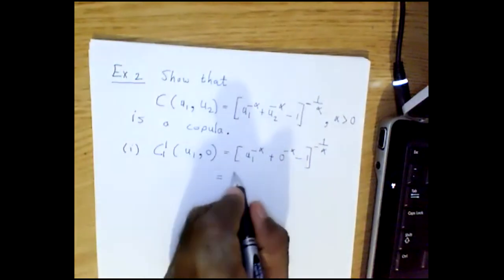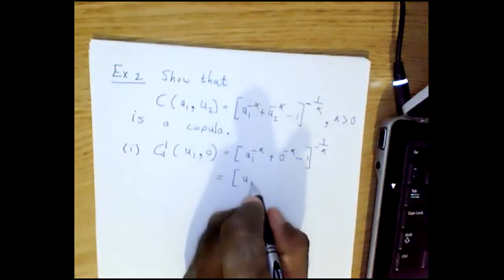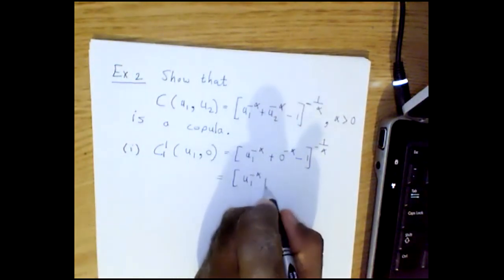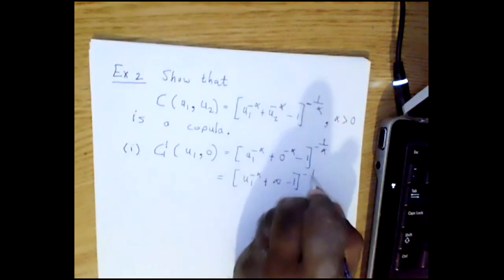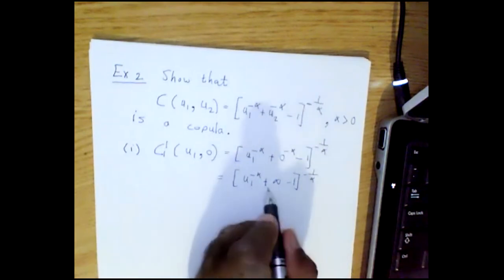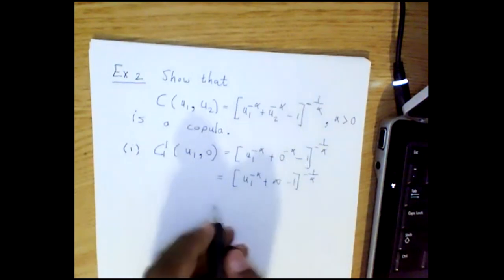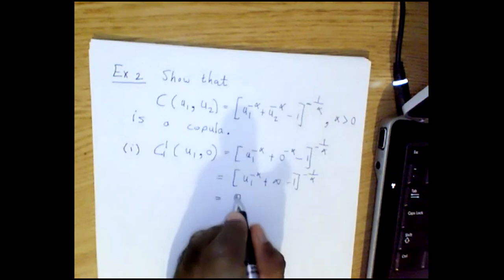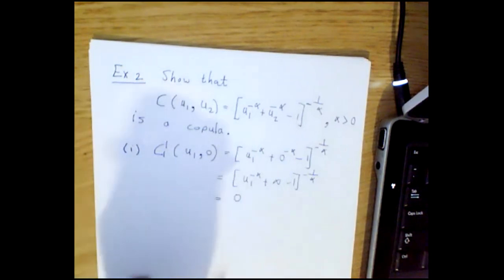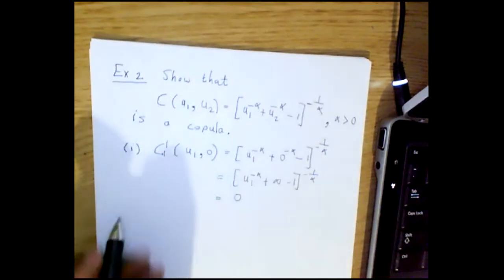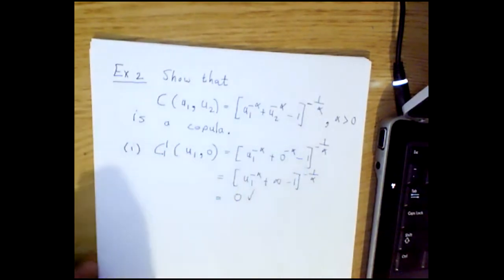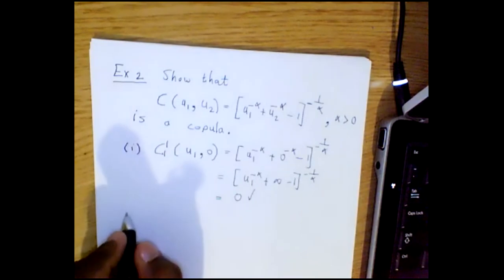So what you have is infinity. Infinity plus anything is infinity. So you get this to be equal to 0, because infinity to the negative power is 0, right? So this condition is satisfied, right?